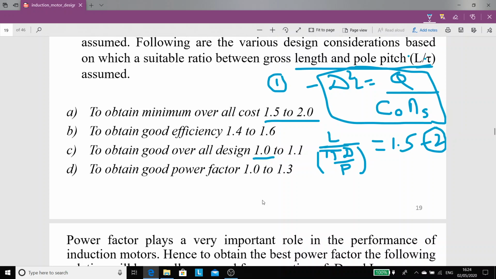So for a ratio of 1 or higher, if I calculate D for a fractional horsepower motor, this D is a very small value, and as the diameter of the motor is very small, the size of slots which we need to provide on the inner periphery of the stator core has a very small dimension, and that may be insufficient space to accommodate the required number of turns of our windings.